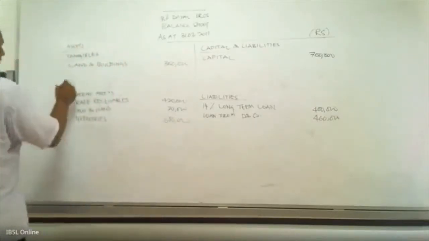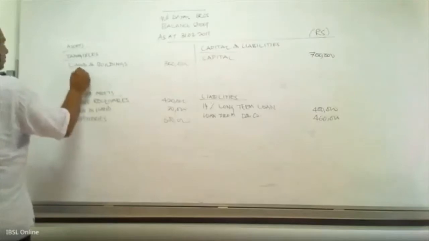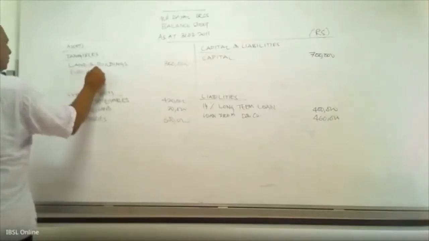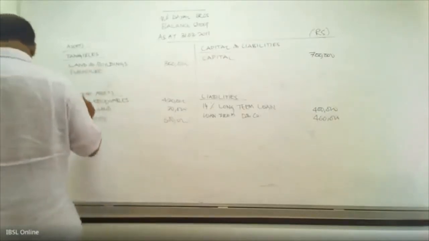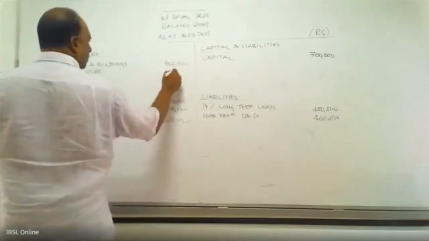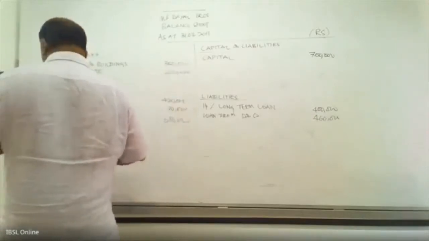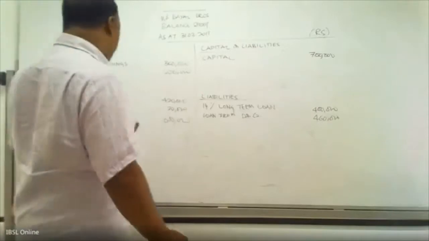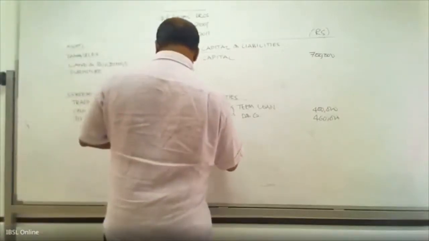Then they say furniture. Furniture is again a tangible asset. Furniture, that is 200,000. Then they say trade payable. Trade payable is a liability.